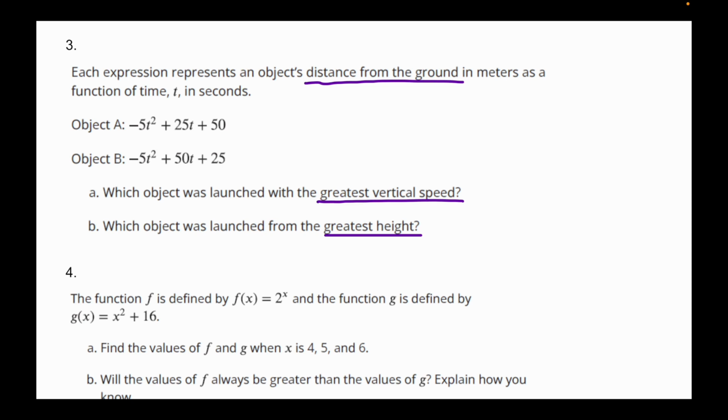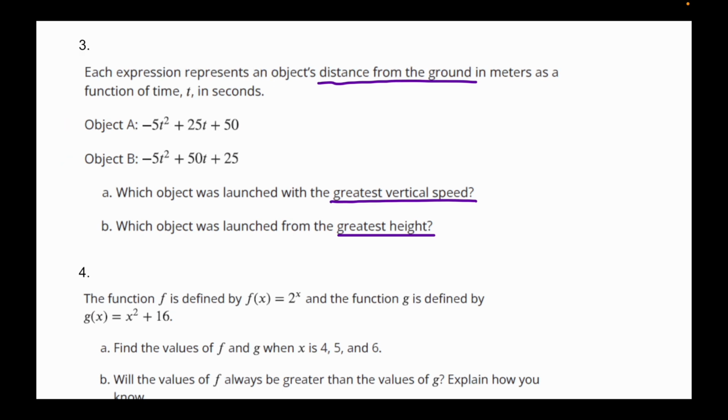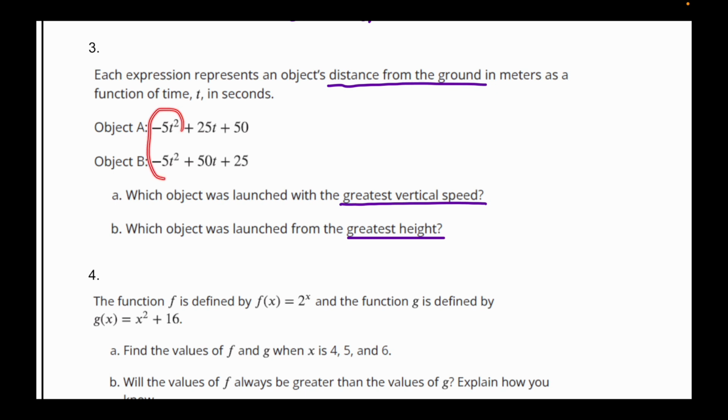So those are really asking you, do you know what each of these numbers in this equation represents? So first off, we have the quadratic pieces, which are both the same, -5t squared. These just represent how fast it would fall towards the ground.